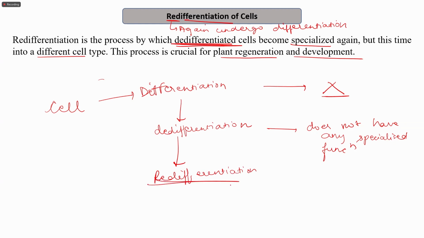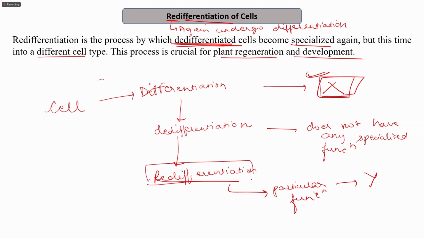So these redifferentiated cells again acquire a particular function and will form a particular cell type. But this cell type that will be formed is different from the one which was earlier formed by similar cells. So earlier, suppose it is forming the X cell type, upon redifferentiation, the cell type may change.